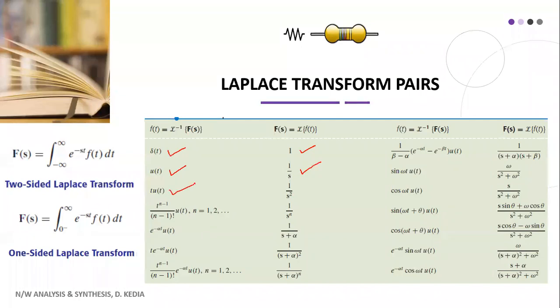Then this is your ramp function, which is 1 by s square. I had given you some homework also, and I hope all of you must have derived the Laplace transforms of the time domain functions which are given here. A few examples I will also hurriedly consider in today's class as well.